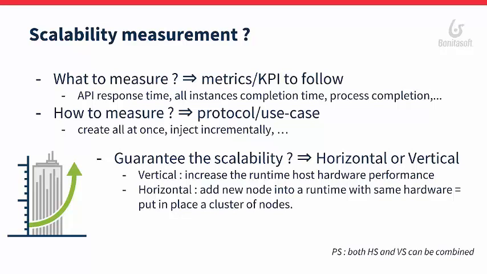The second one, referred to as horizontal scalability, is another approach where instead of adding extra resources to an existing server, you add a second or a third server on the side and have this cluster of servers that will all together serve the users.